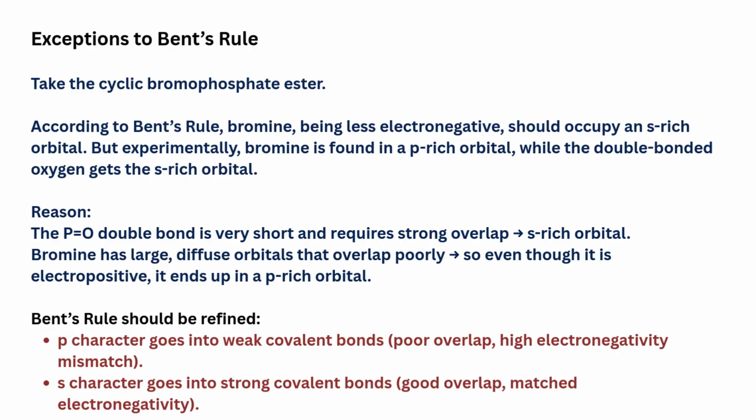Bromine, with its large diffuse orbitals, overlaps poorly anyway, so it settles in a p-rich orbital. So we can redefine Bent's rule: s character is used in strong covalent bonds where overlap is good, and p character is used in weaker bonds where overlap is poor or an electronegativity mismatch exists.